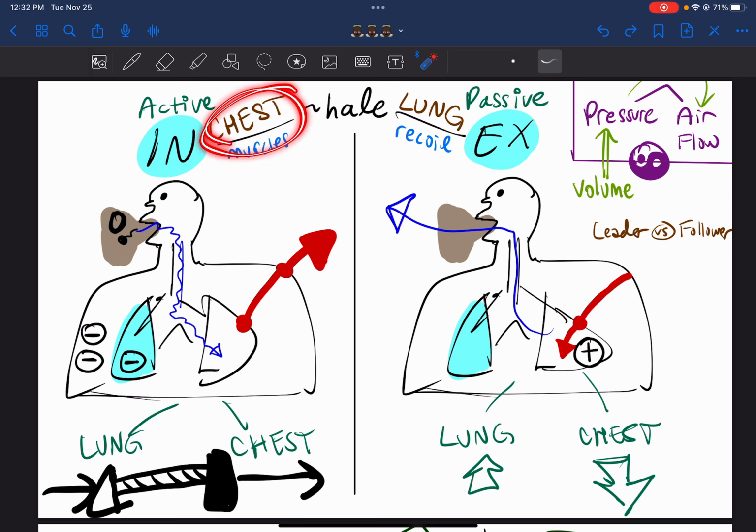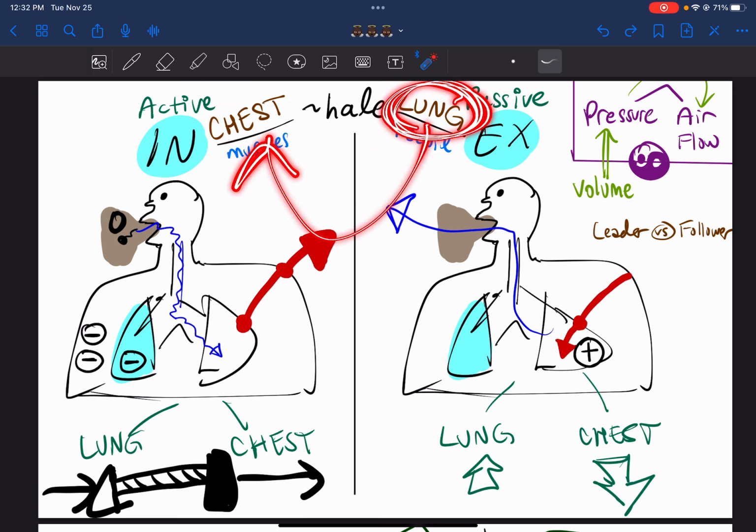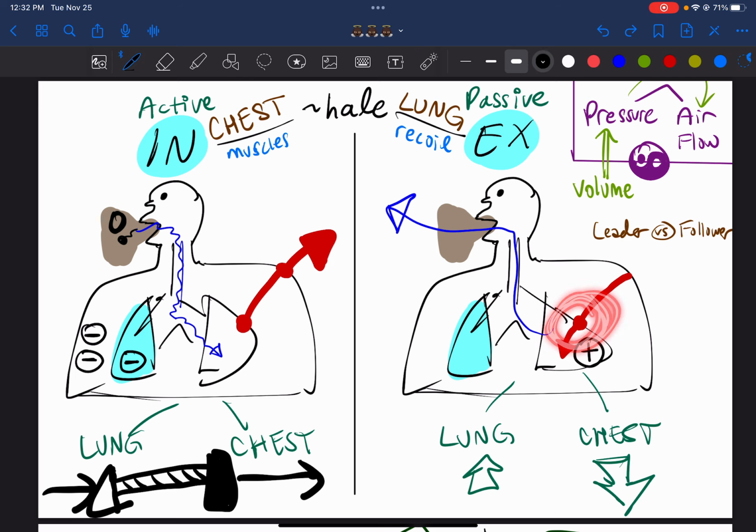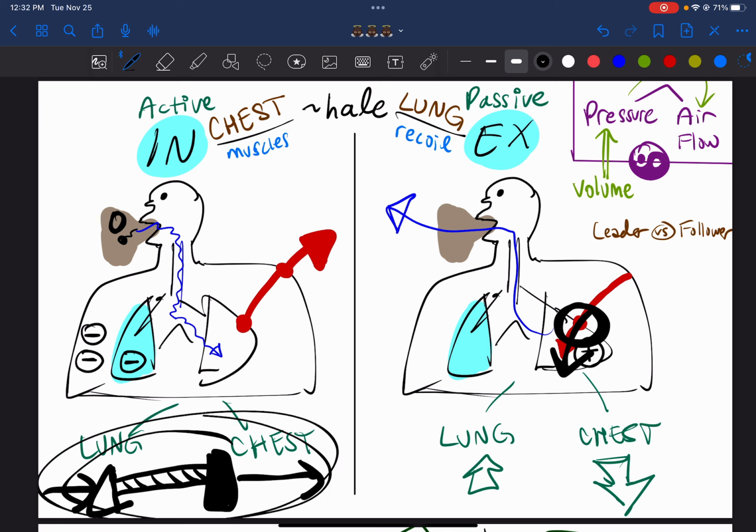See, the chest is the one actually doing the work. Exhaling is the opposite. It's the lungs dragging the chest wall, right? Because your lungs right here snap back and bounce back inward. And because these two are connected by a rope, the chest wall is also forced to be pulled inward.